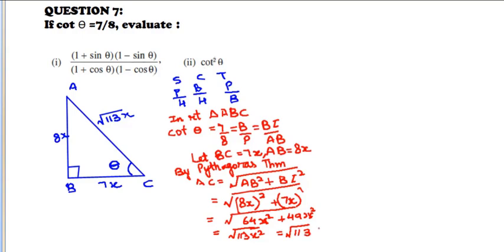So it becomes under root 113x square. So from here we get AC is equal to under root 113 x.